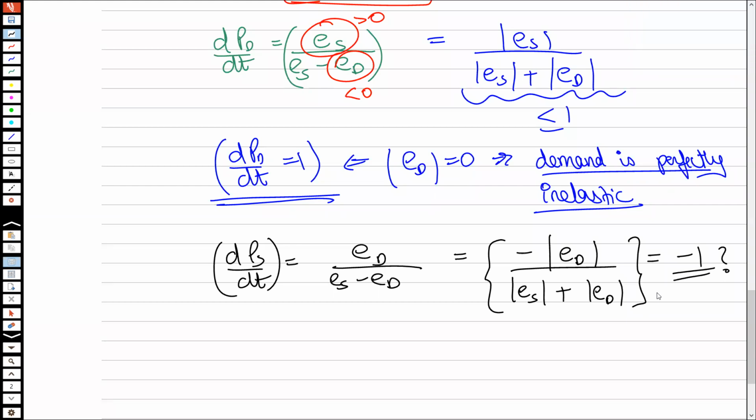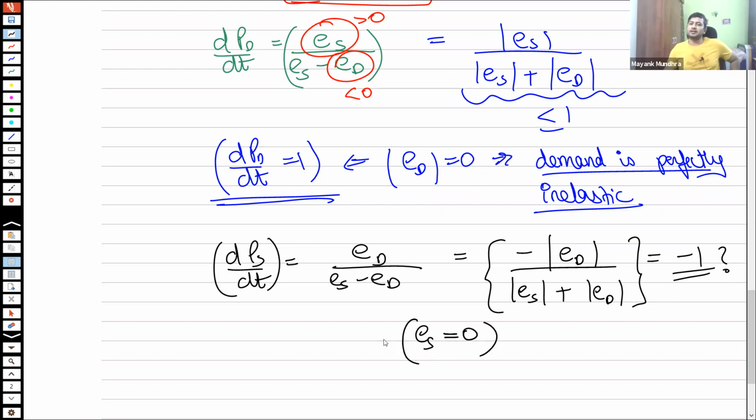Elasticity of supply needs to be 0. It means that supply should be perfectly inelastic.